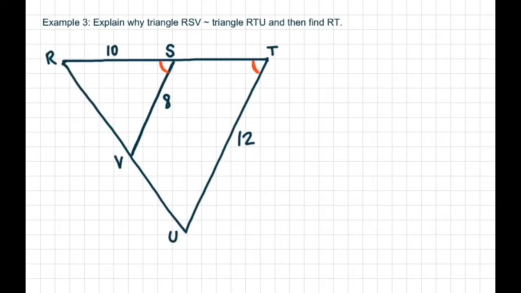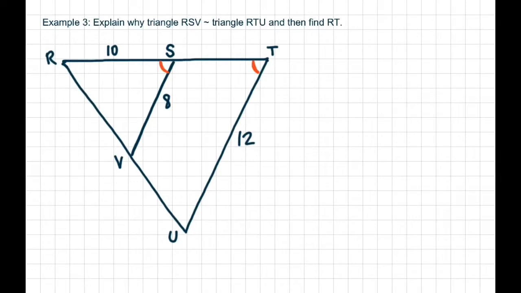Okay, example 3 says explain why triangle RSV is similar to triangle RTU, and then I have to find RT. In this example, I'm looking at two triangles. I have RSV, and then I have RTU. So the smaller, and then the larger.